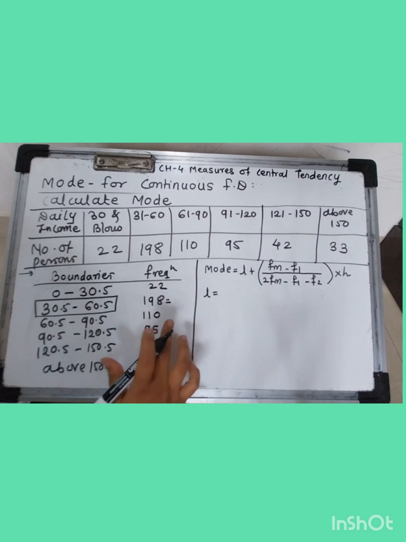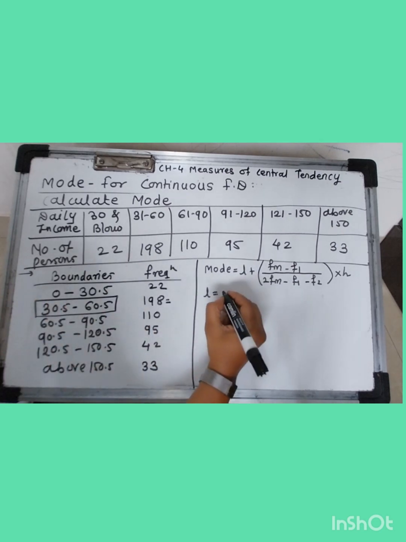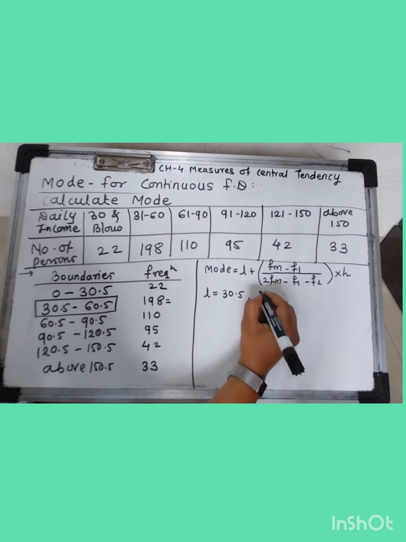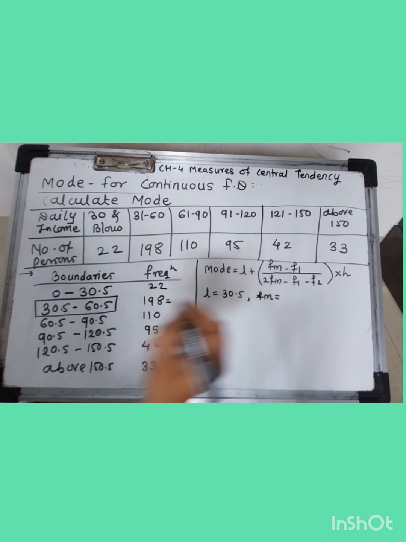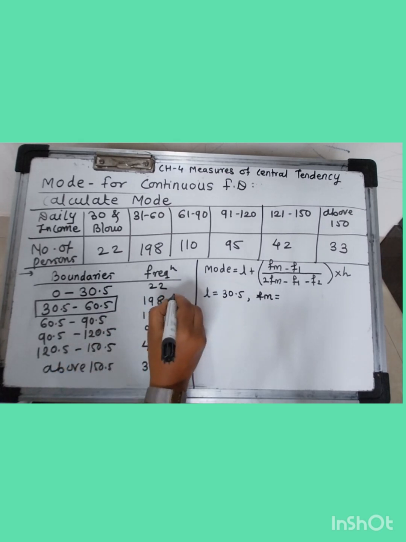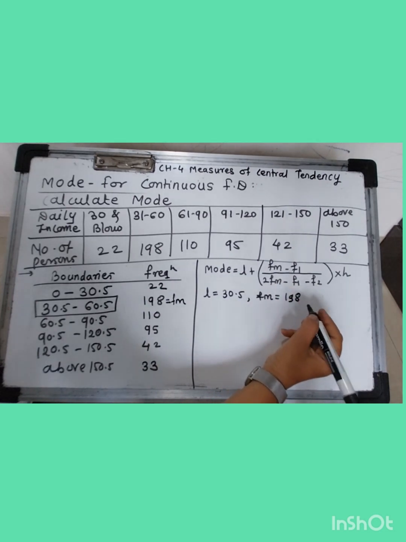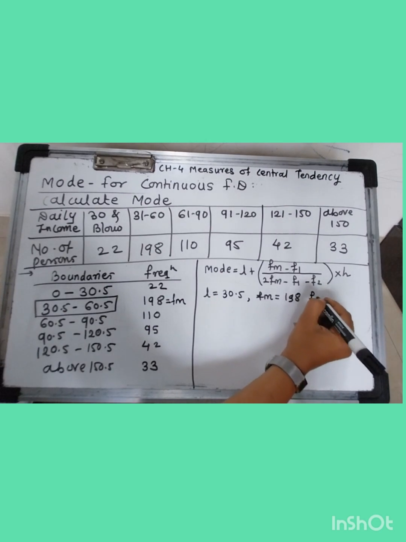L is the lower boundary of the modal class. The lower boundary here is 30.5, so L is 30.5. Then fm is the frequency of the modal class, which is 198.